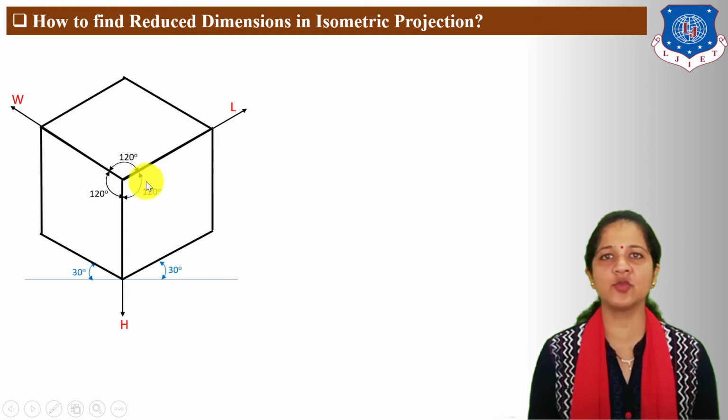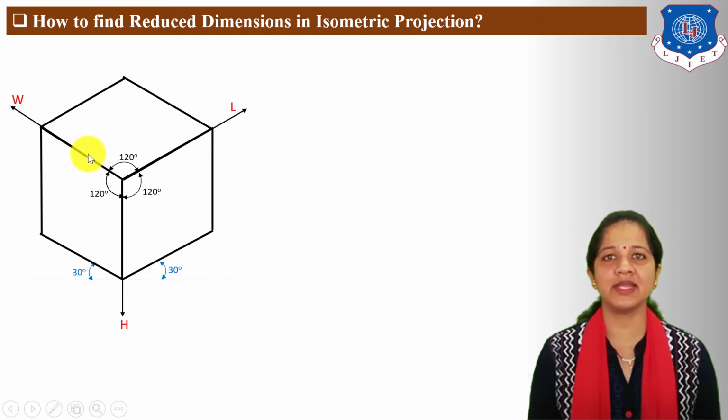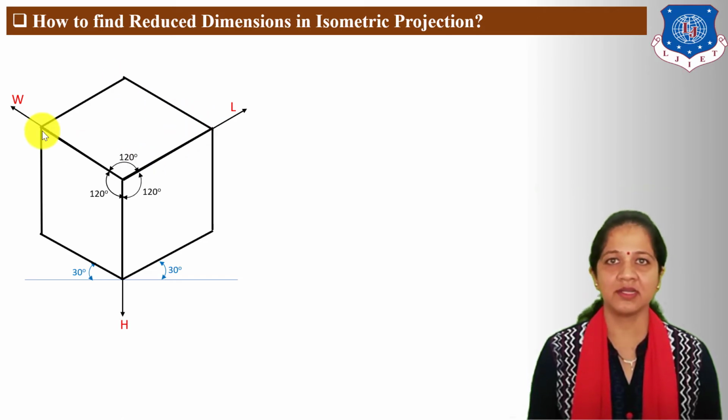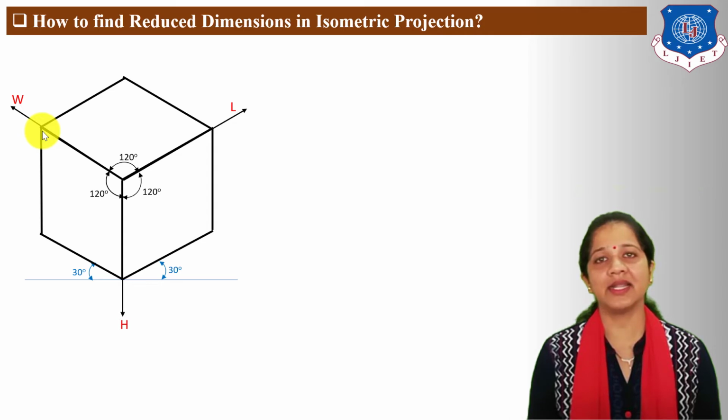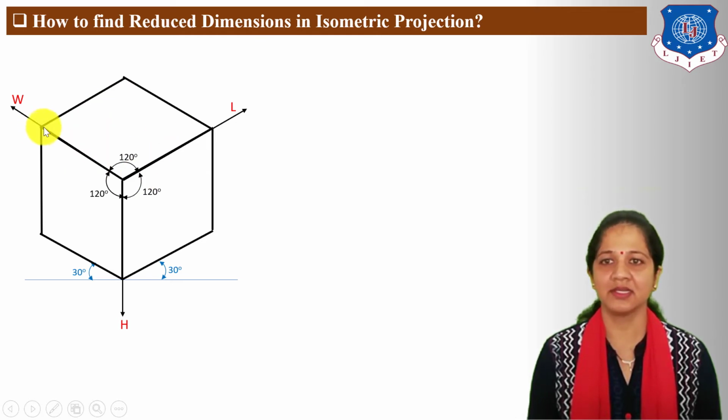The angle between two axes is 120 degree. The angle of these two faces or these two lines from horizontal reference is 30 degree. Now in isometric box, the shape of this face looks like a rhombus, but actually it is a square. First, take top face of this isometric box.